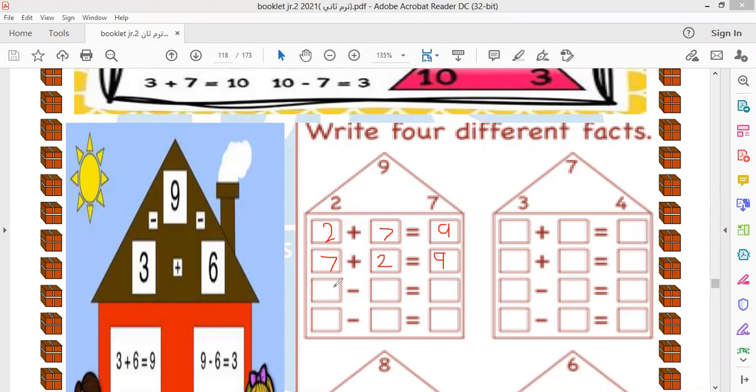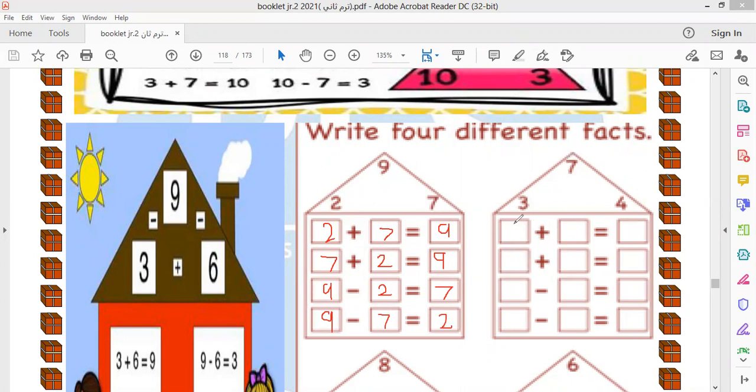And in subtraction, we start with the greatest number. 9 minus 2 equals 7. And take 9 minus 7 equals 2.